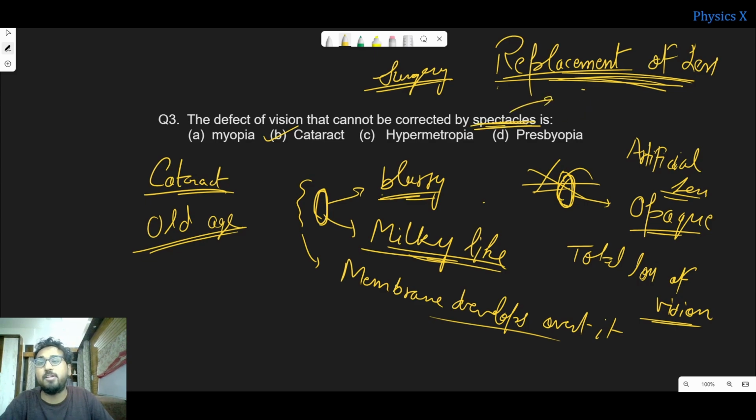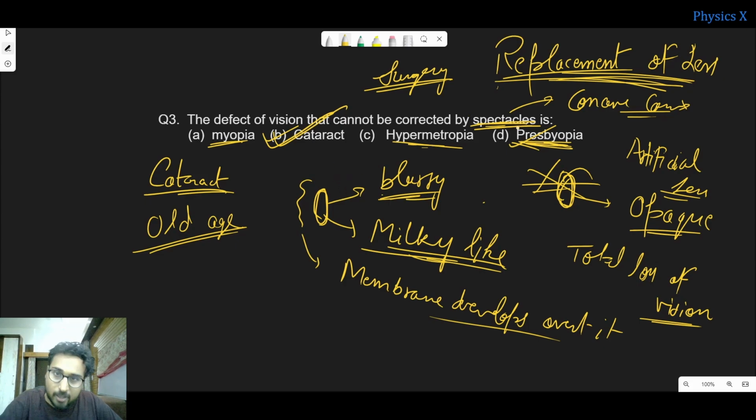In spectacles, we are suggesting concave or convex lenses. Presbyopia can be corrected, hypermetropia can be corrected, myopia can be corrected, but cataract is the one which cannot be corrected by wearing spectacles. It can be corrected only by performing a surgery and replacing the lens with an artificial lens.